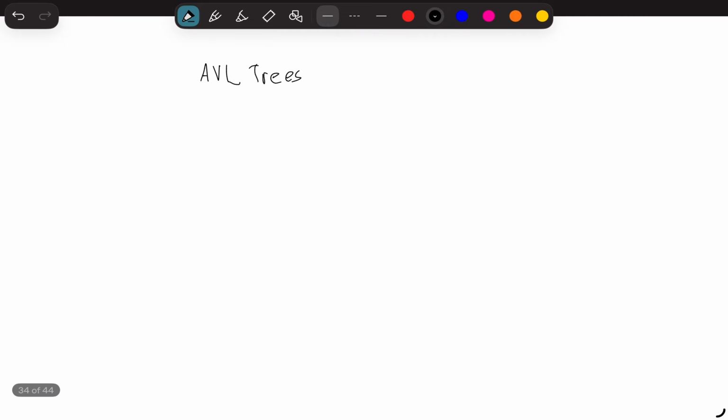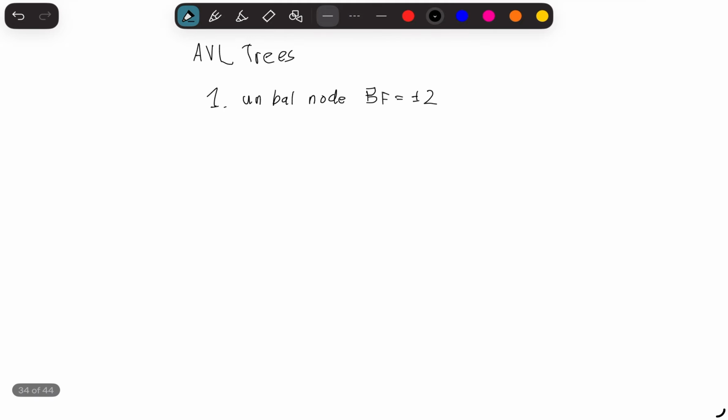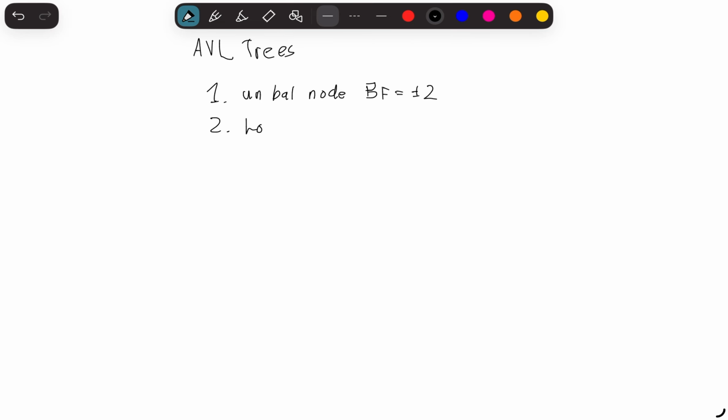In this video, we're going to be discussing AVL trees. So what you do when you have AVL trees is first you have to look at your tree and you're going to have an unbalanced node. Your unbalanced node is going to have a balance factor of either positive or -2. Then from this, you are going to be able to decide which side is heavy.